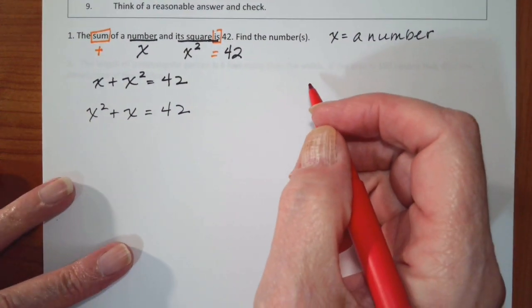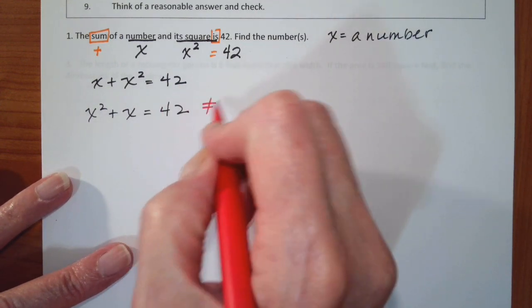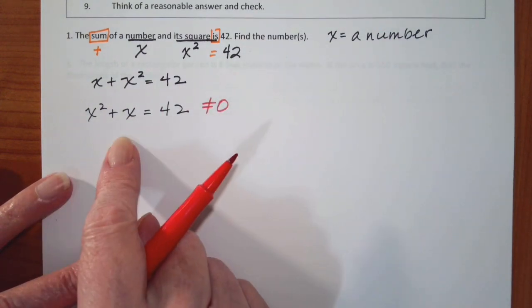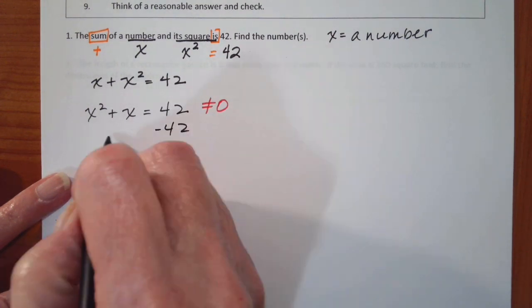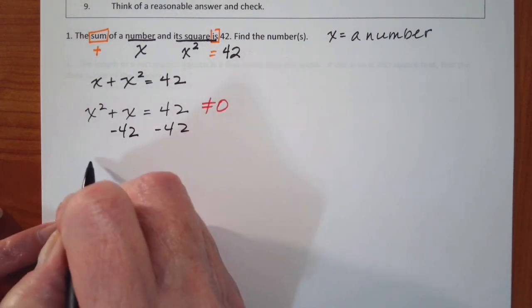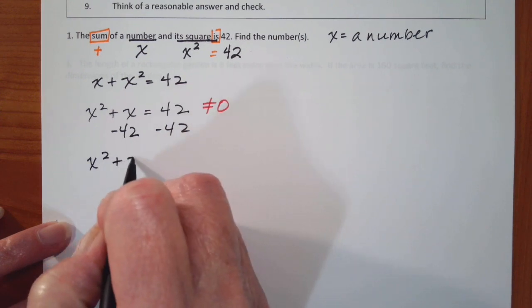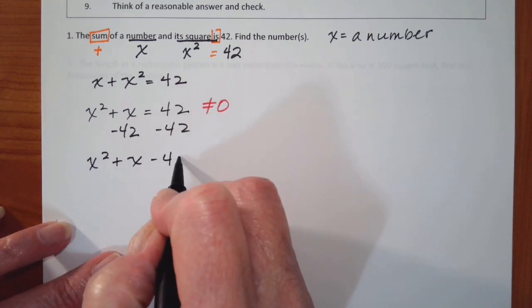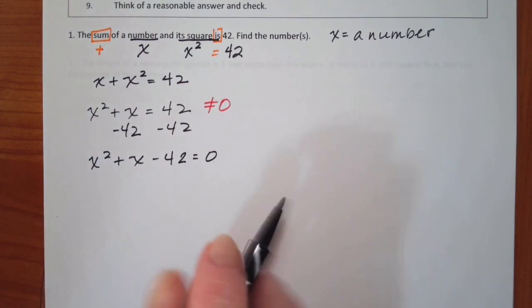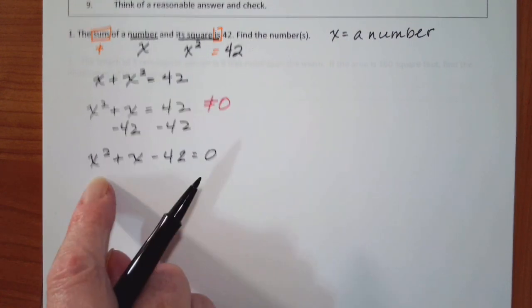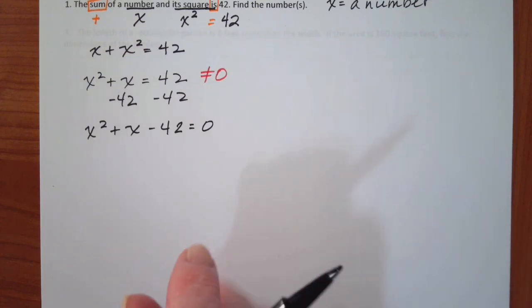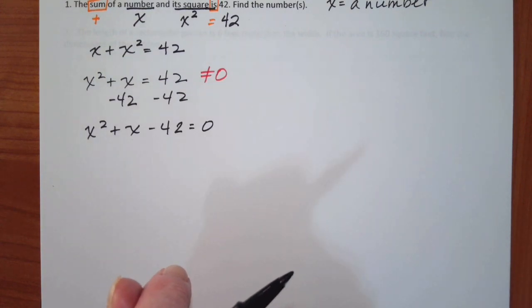Now we learned in 5.6 this is not equal to 0, so I have to fix that. So that means, excuse me, I'm going to subtract 42 from both sides, giving me x squared plus x minus 42 is equal to 0. Okay, so from here, I look at this and I think back on my steps for factoring.